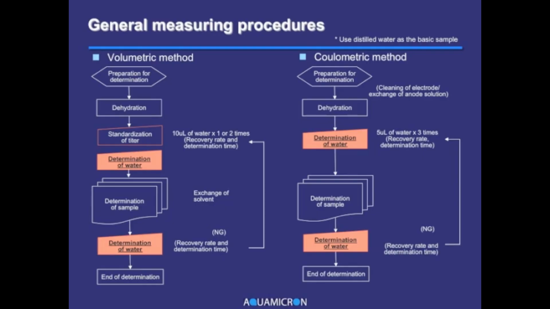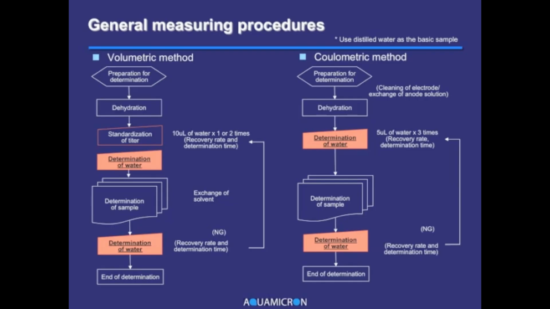In the case of volumetric titration, I recommend strongly that you check the conditions of the analyzer and the reagents before the actual sample measurements by analyzing once or twice 10 microliters of distilled water and confirming that the recovery ratios and the measuring time are nearly 100% and less than 3 minutes, respectively.